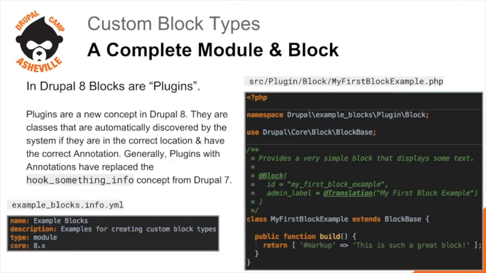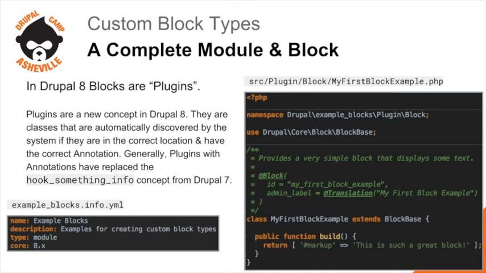It discovered it. It says this is a block and it's got my baseline requirements of having an ID and some label that we can use to identify it on the admin form. It extends the block base, which is a class full of helper methods. And this block totally works.